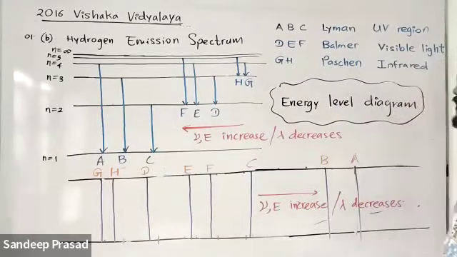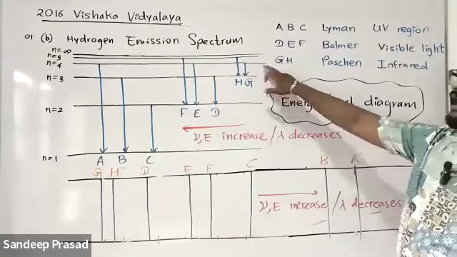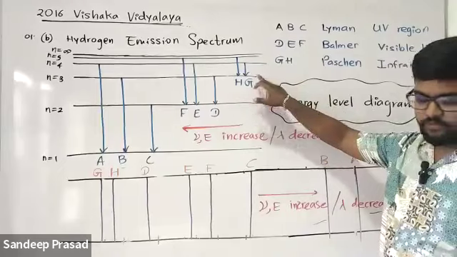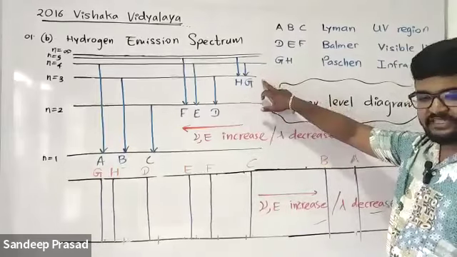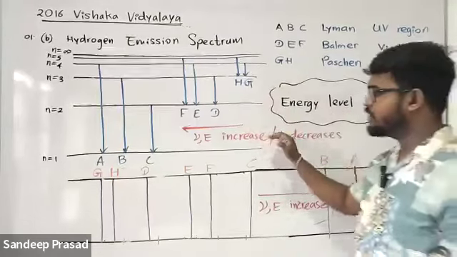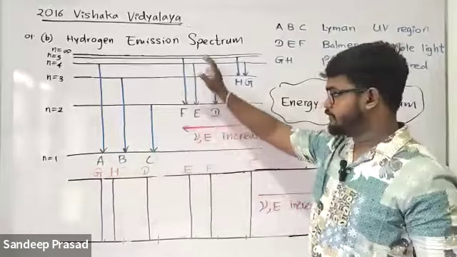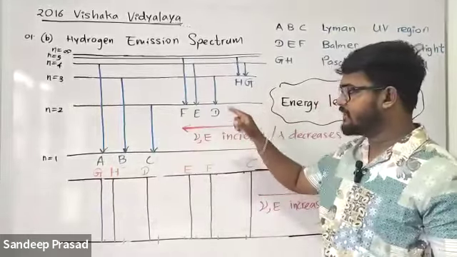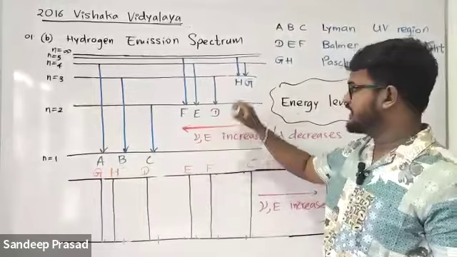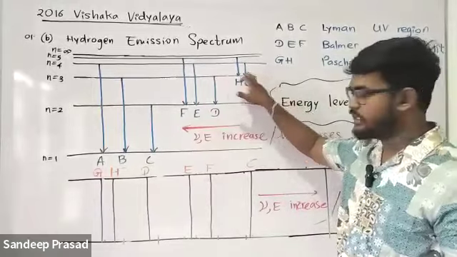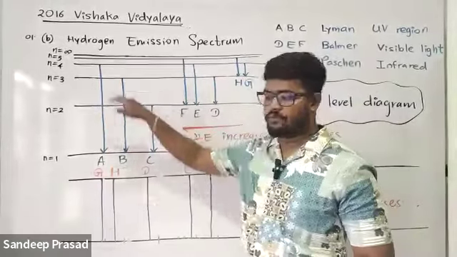Right, okay. So we know that the line G has the least frequency, not A, because if you analyze the energy level diagram, which line has the least frequency? The highest frequency belongs to n equal 4 to n equal 1.